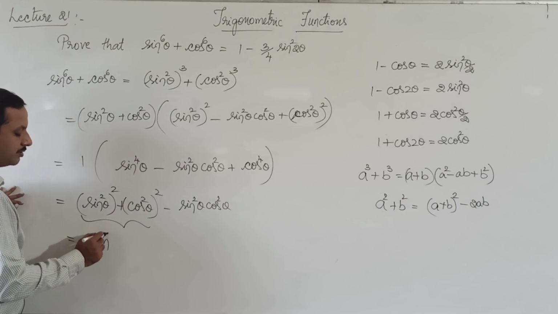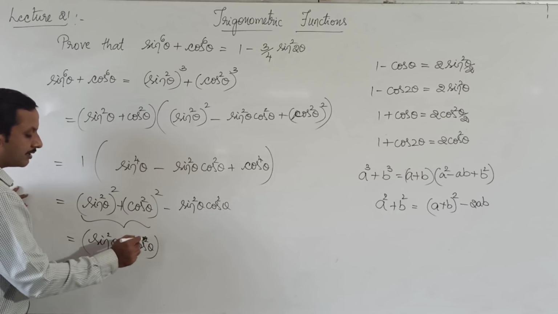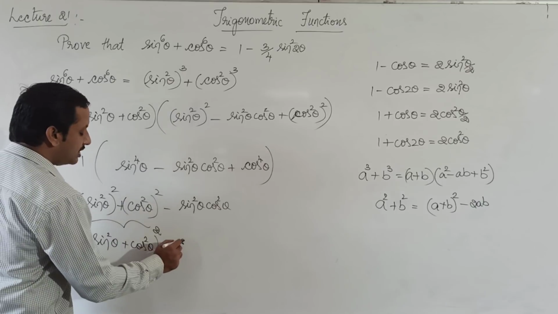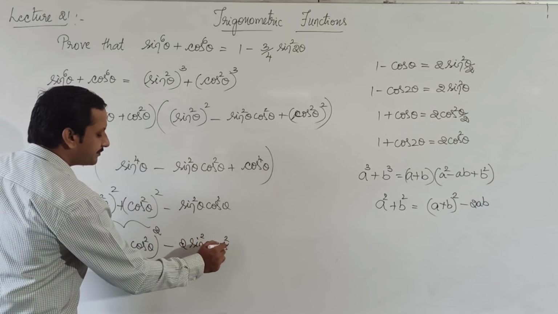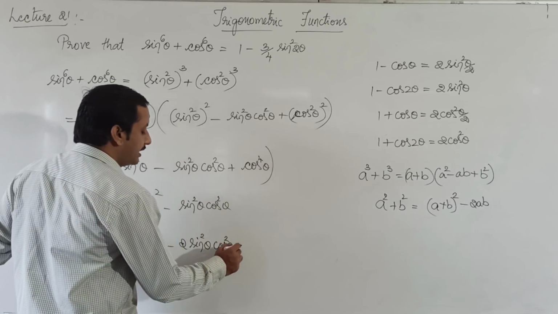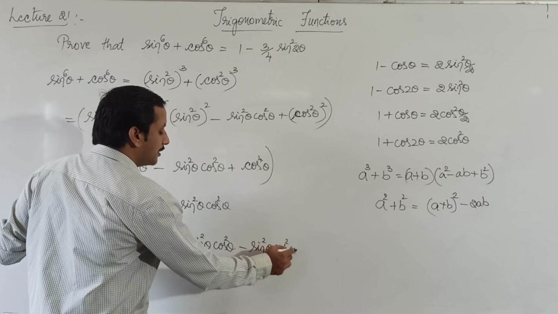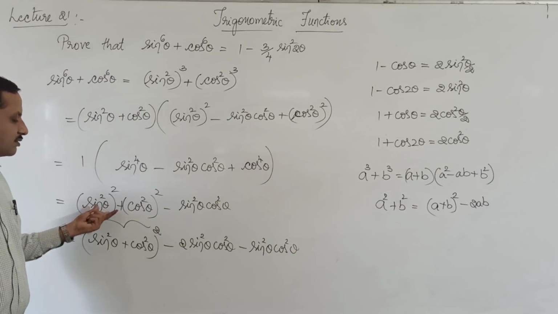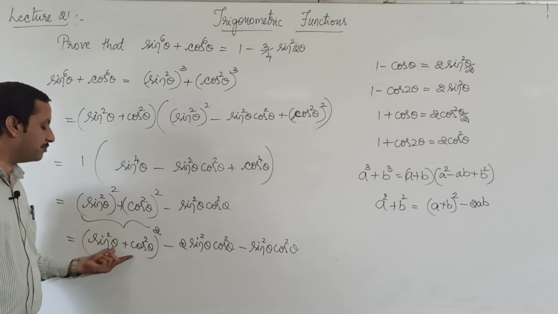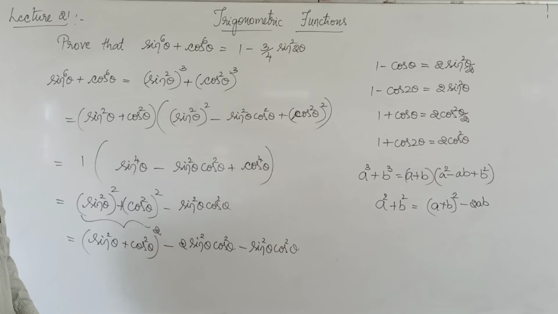So a plus b whole square, that is sin square theta plus cos square theta whole square, minus 2ab, that is 2 sin square theta cos square theta, minus sin square theta cos square theta from here. This is a square plus b square, I am writing it as a plus b whole square minus 2ab. Now what about this?